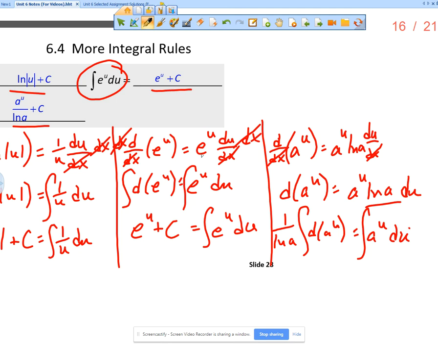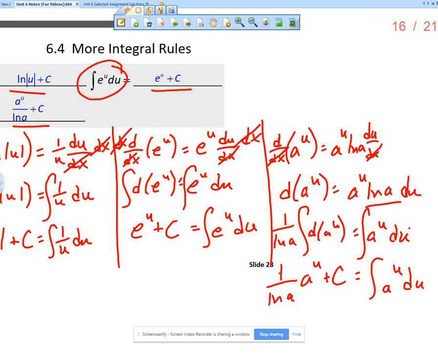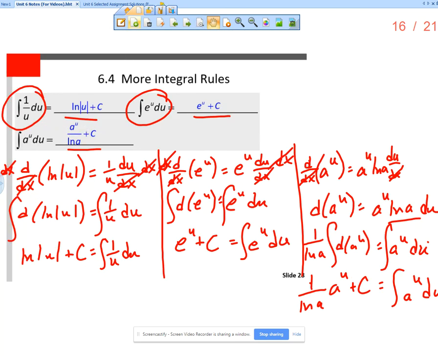The right side, once again, is the rule that we want to know. The integral of the derivative of a to the u is a to the u. So I have 1 over the natural log of a times a to the u plus c, equals the integral of a to the u du. That is our rule, and I've chosen to write them like that. Those are ones that you want to make sure you are working to memorize.